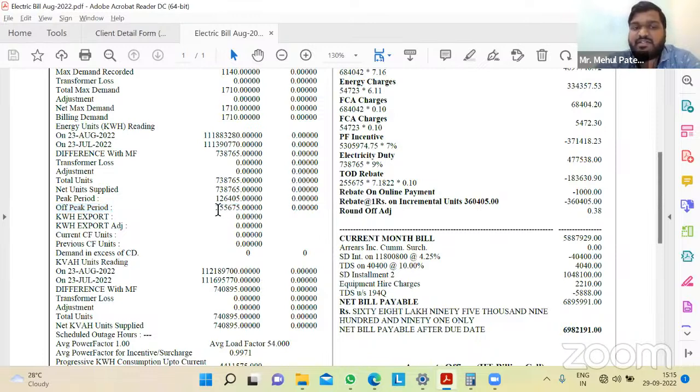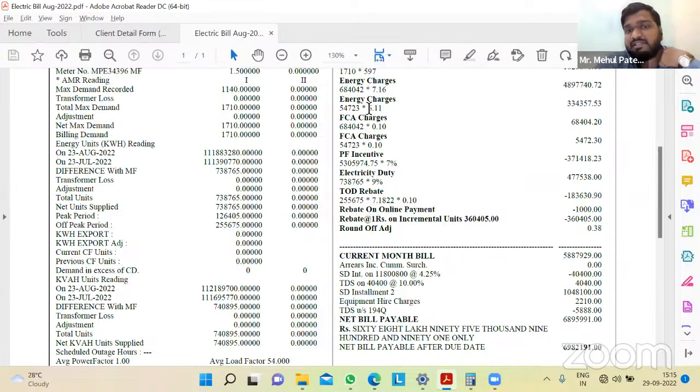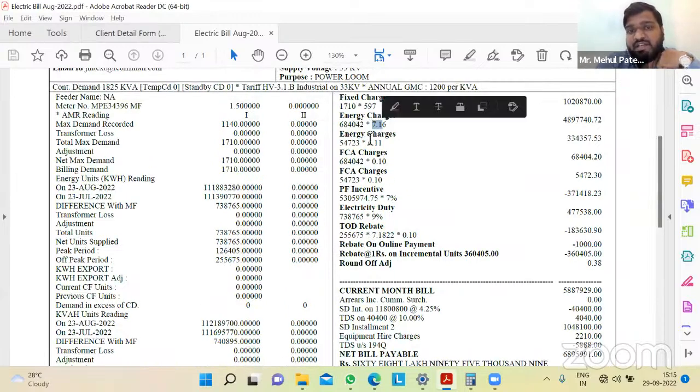So these are the bifurcations of the total units. There are 2 to 3 slots in some discoms. There are 4 slots also. Any one of the slots will be the off peak period, and majorly the daytime slot will be the peak period. So the peak period is this much, the off peak period is this much. Fine. So these are the bifurcations for this tariff.